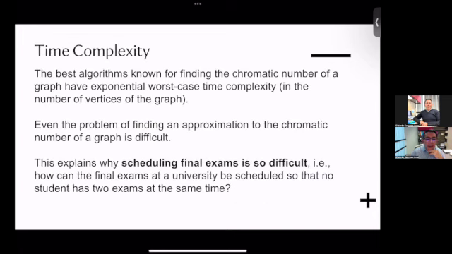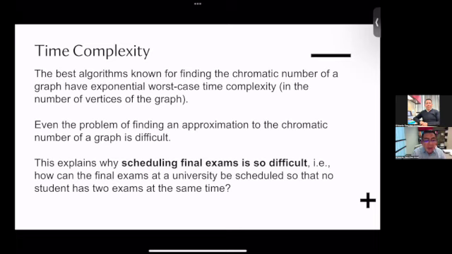And the thing is, talking about the complexity of the algorithms to find this chromatic number, they grow with exponential cost in the number of vertices of the graph. Even finding an approximation to the chromatic number of the graph is going to be difficult.